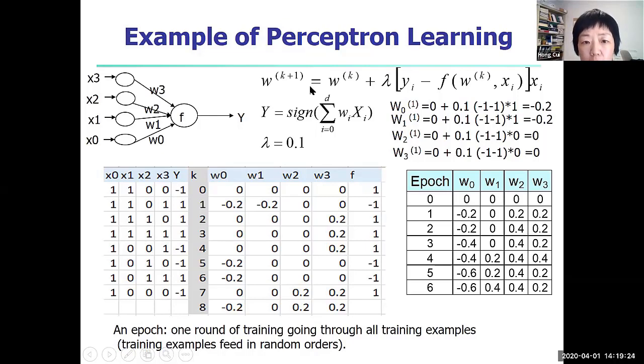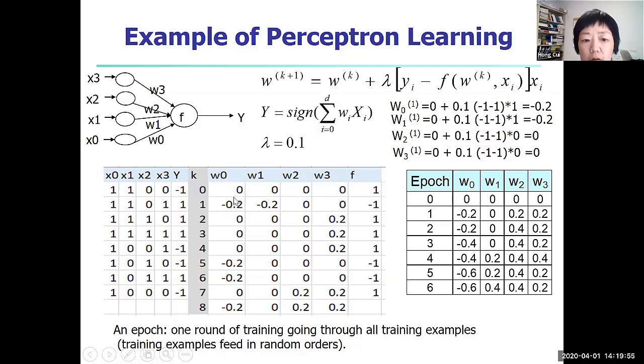The weight is updated this way. Initial weight here is 0. So we add lambda 0.1, times our y, which was -1, minus our prediction, which is 1, giving -2, then times this x1, that was the original one, and this gives us a new weight of -0.2.